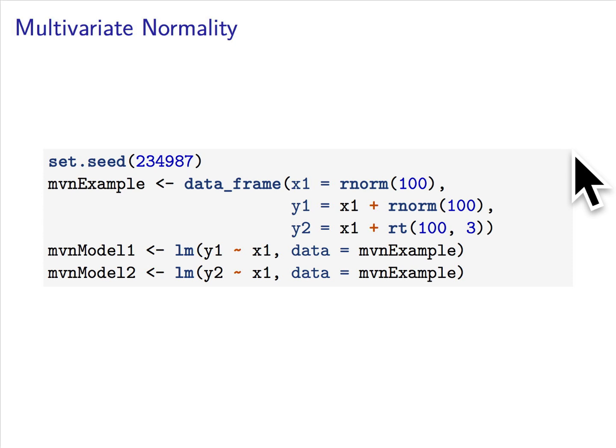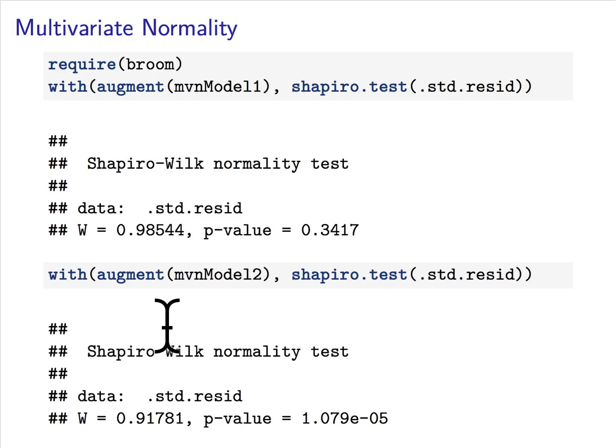The first model has random normal error terms, but the second model has error terms from the t distribution with 3 degrees of freedom. This is going to look almost normal, but it has fatter tails, and it's going to violate our assumption. So we'll fit each model here, and then when we run the Shapiro-Wilk test, we'll see how they look.